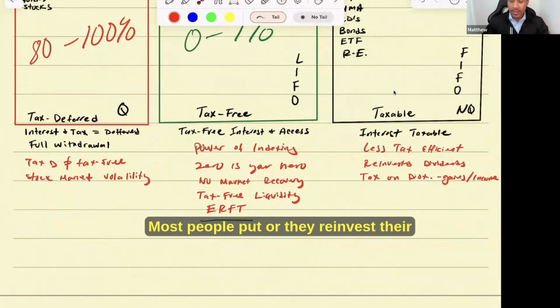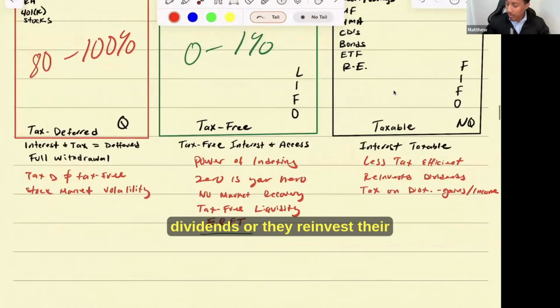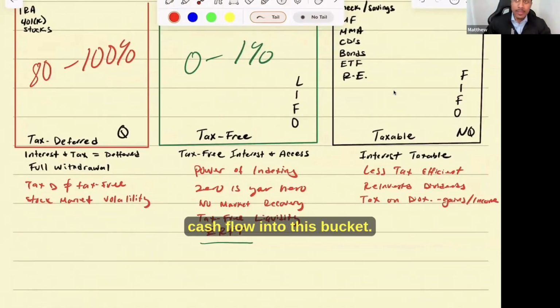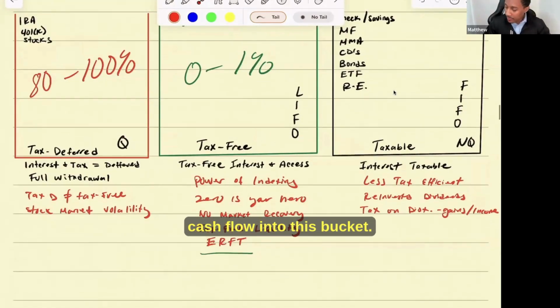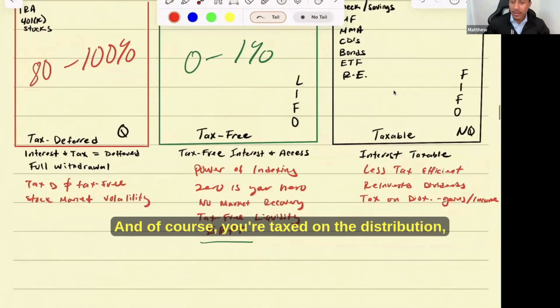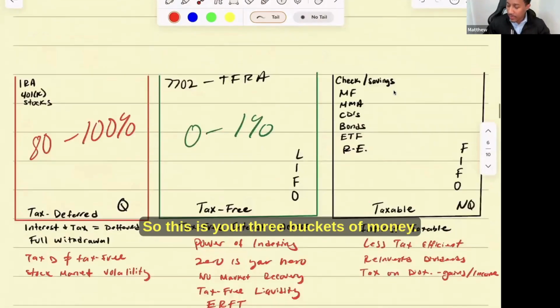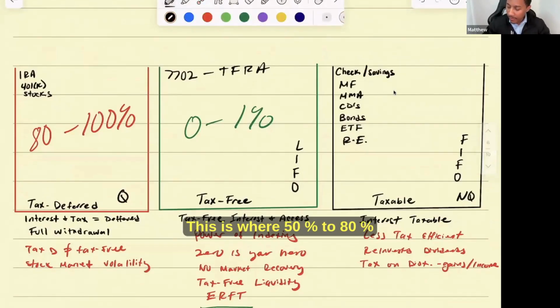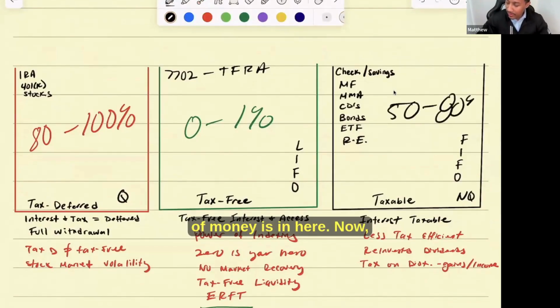Most people reinvest their dividends or their cash flow into this bucket, and of course you're taxed on the distribution, the gain, the sale, the income of this. So this is your three buckets of money. This is where 50 to 80% of money is in here.